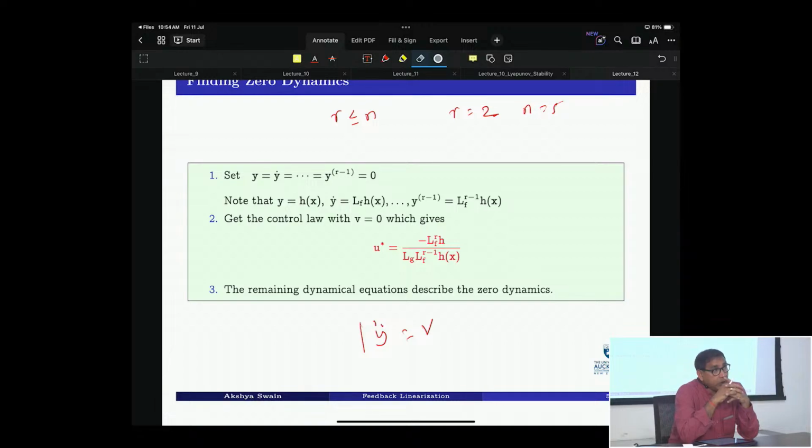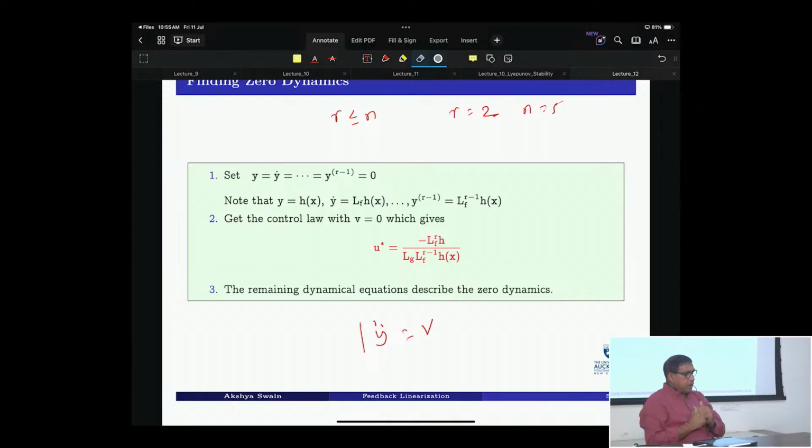So while doing input-output linearization, which is relatively easy, let me first give an example, an analogy, otherwise you cannot understand. I am here, and you are 20 people here.